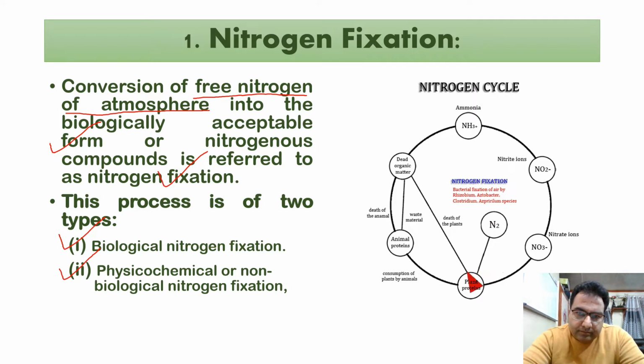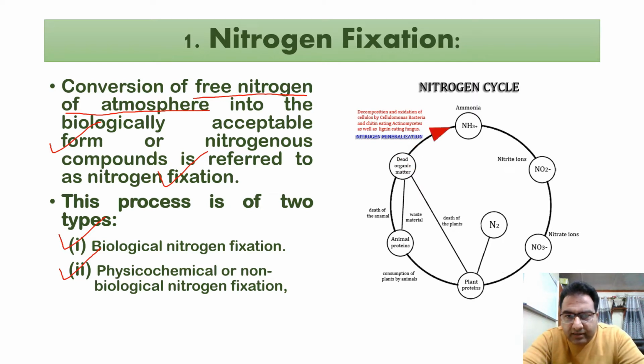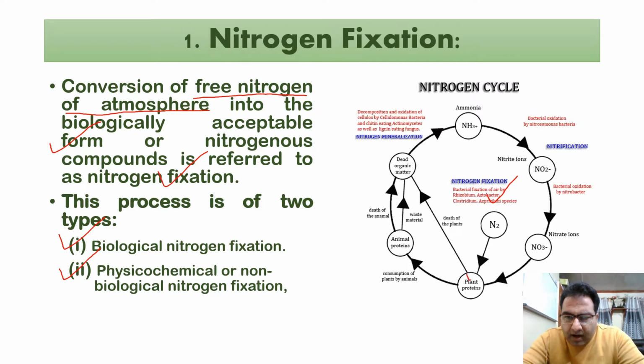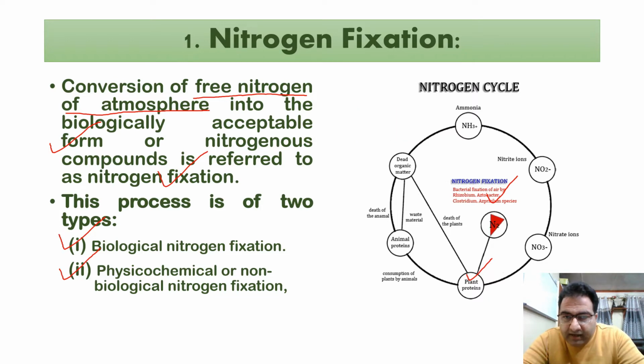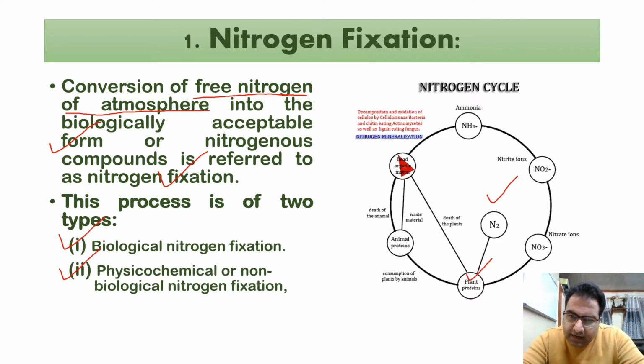What actually happens is generalized in this figure. The nitrogen present in the atmosphere is taken up by the plants through bacterial fixation by Rhizobium, Azotobacter, and Clostridium.